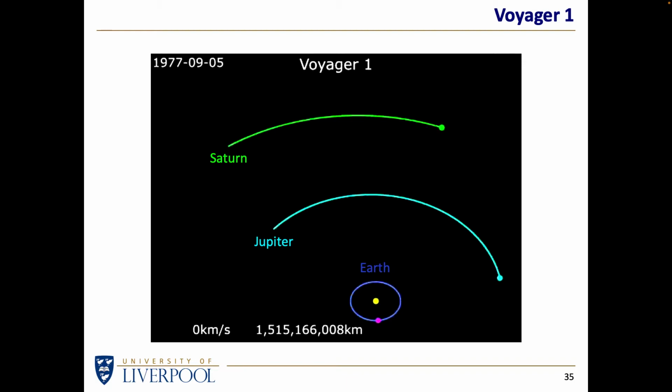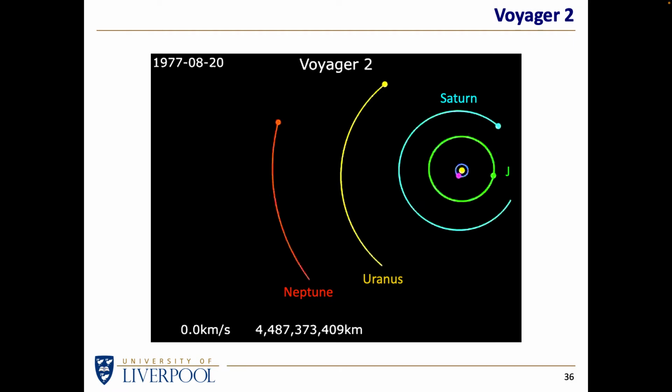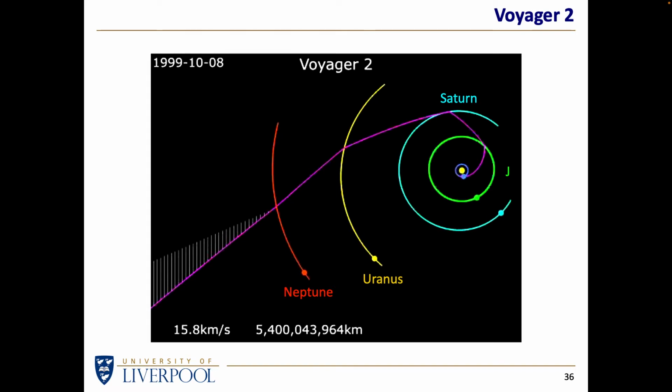When Voyager 2 came along, which was a few days behind it basically, they knew that Voyager 1 had already taken pictures of Titan. So there was no need to go past Titan a second time, which means Voyager 2 had the option of slingshotting past Jupiter and slingshotting past Saturn, to hell with Titan. Slingshot from Saturn, and then you notice that you have this beautiful alignment of Uranus and Neptune that allows you to explore essentially the entire outer solar system in one go with the minimum of fuel.